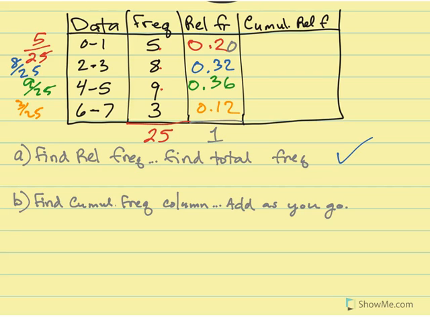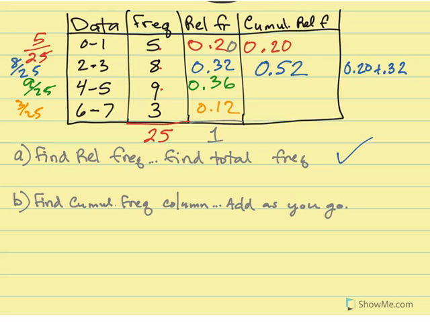Now, the cumulative frequency column, I like to think of it as add as you go. So we start with the first one. I have 0.20. That's an easy one. I only have that. But now to find the next one, I take 0.20 because that's what I had first, and I add to it the 0.32. That gives me a cumulative relative frequency of 0.52.